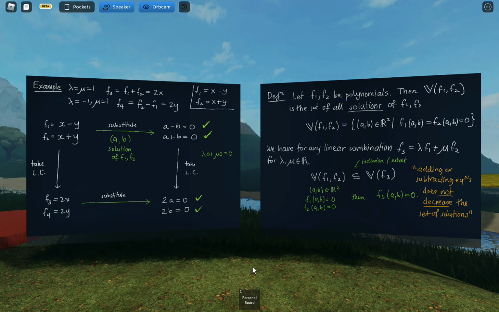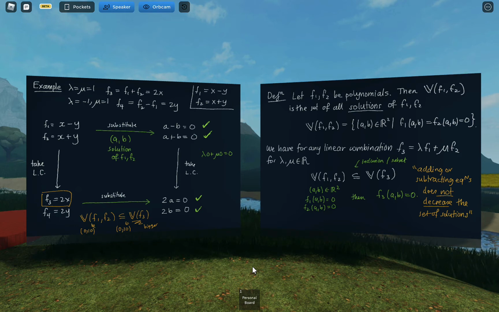As is clear from this example, because if I just took F3 on its own and not F4, then what I'm talking about would prove that the 0 set of F1, F2 is contained in the set of solutions of F3. But of course, this is bigger, right? That's just all the things where x is equal to 0. So in particular, it contains (0, 10), and (0, 10) is not in the left-hand side.